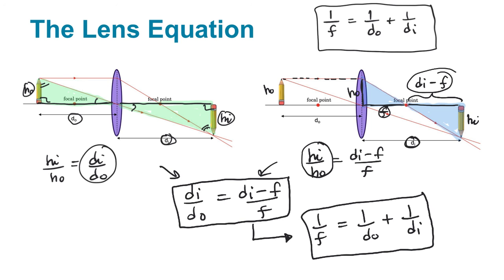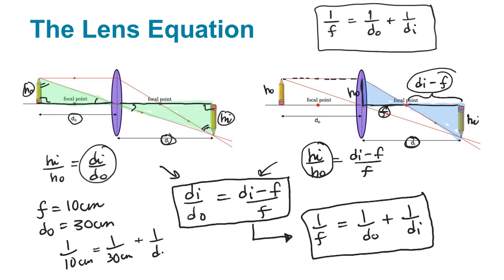So how do you use it? Well, you'd be given, presumably, the focal length of the lens. Let's say it's 10 centimeters. Someone tells you that. And you always kind of know usually where you're putting the object. So let's say we put the object at 30 centimeters. So we would do 1 over F, which is 1 over 10, equals 1 over DO, which is 1 over 30, plus 1 over DI.